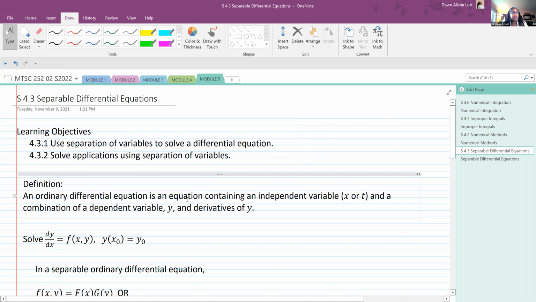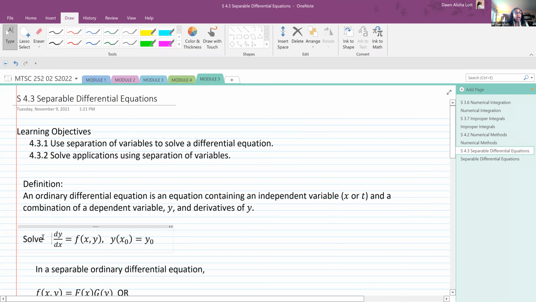An ordinary differential equation is an equation containing an independent variable x or t and a combination of a dependent variable y and its derivatives. So we're looking at first order differential equations, so our derivatives are only one. So we have dy/dx, which is a first derivative, and that is equal to some function of x and y.